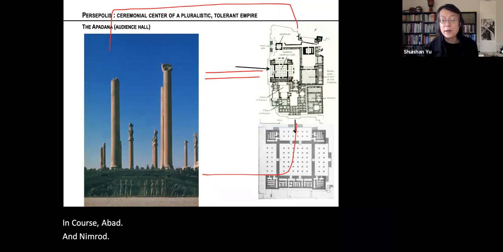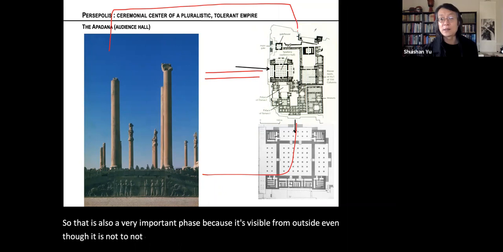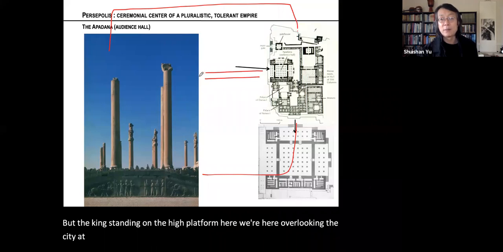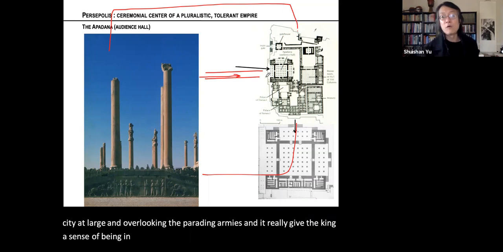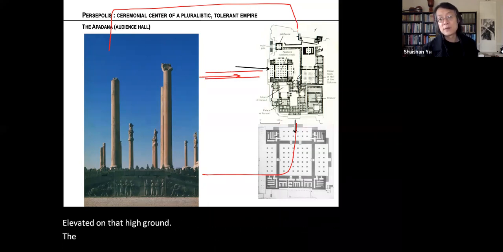So that is also a very important face because it's visible from outside, even though it is not meant to be accessed by the public or by the ceremonial teams. But the king standing on the high platform here, overlooking the city at large and the parading armies, really has a sense of being in control and ruling over the rest of the world, elevated on that high ground.